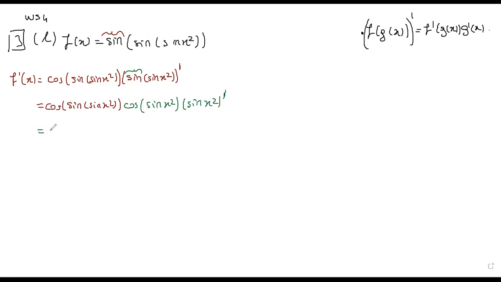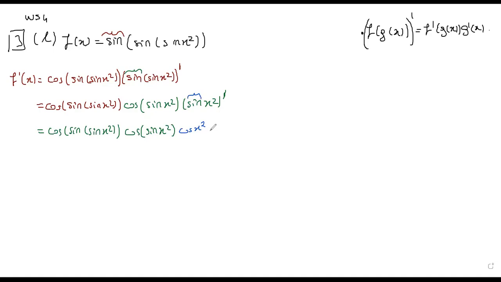Now again we have the same, times cosine of sine x squared and this one's derivative. So we take this one's derivative, which is cosine x squared, and the derivative of the function inside, x squared, is 2x.